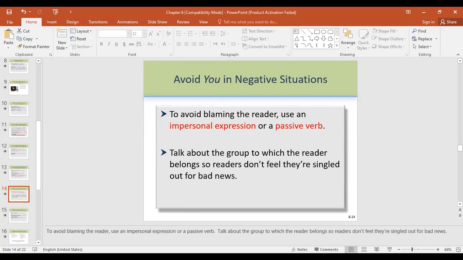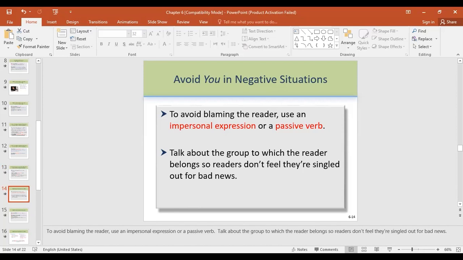Now we're gonna move to point number 5. As you remember, guys, avoid you in negative situations. Here we say, to avoid blaming the reader, use an impersonal expression or a passive verb.